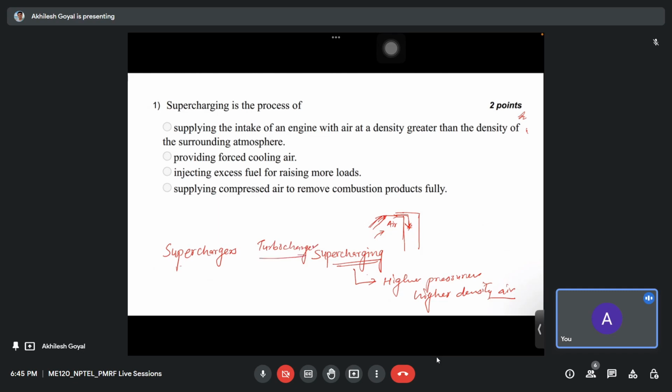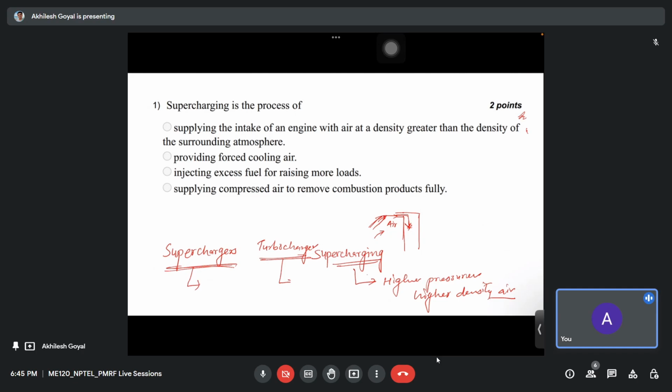Both superchargers and turbochargers are basically compressors. These compress the air, increase the air pressure and density, and feed this air to the cylinder of the engine. And these are two different terms because the supercharger is connected to the crankshaft itself and consumes some power from the crankshaft, but the turbochargers are run by the exhaust gases coming out from the exhaust of the engine.